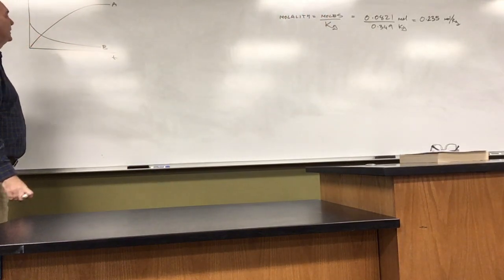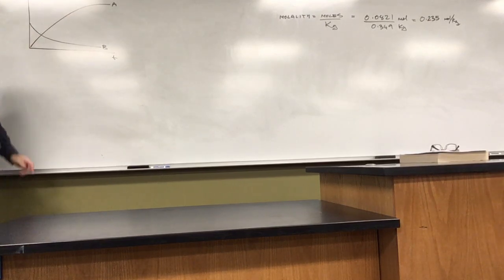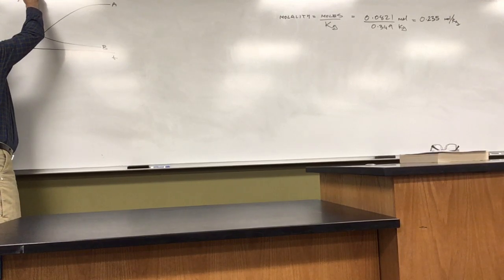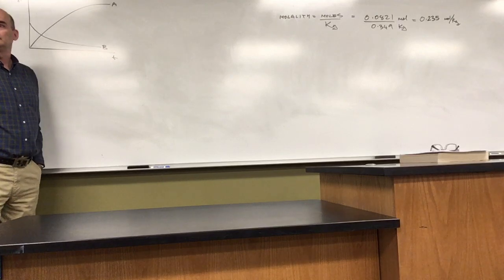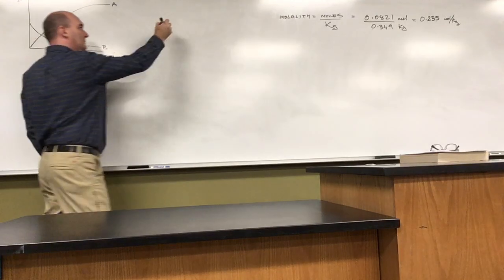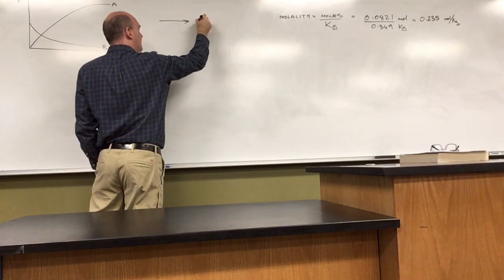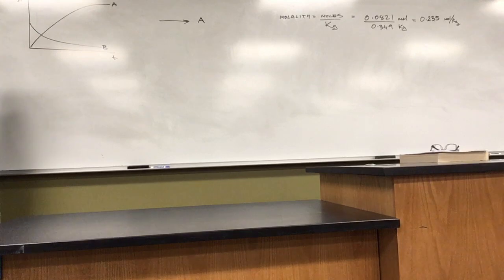What's really going on there? Is A a reactant or a product? I've got amount here, and I've got time there. A is a product. Its concentration is growing over time. Is B a reactant or a product?